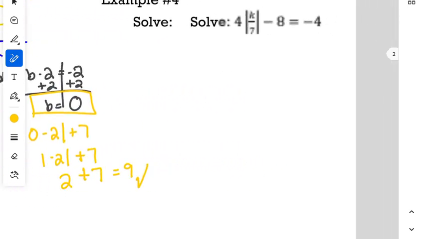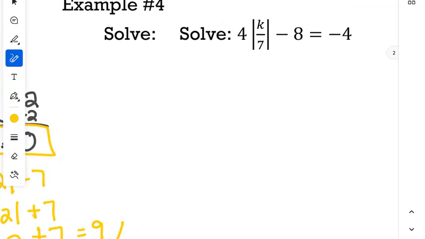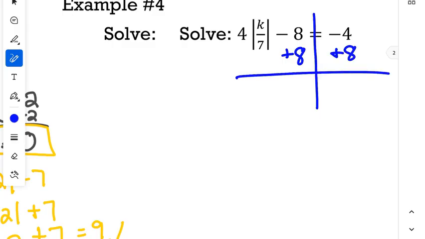All right, let's go to the next one. All right, we've got to get the absolute value by itself. So what do I need to do first? Plus 8. Yeah, plus 8. I'm going to think of that absolute value kind of like a variable where I don't move it. I want to isolate it. So I have 4 times the absolute value of k over 7 equals 4.